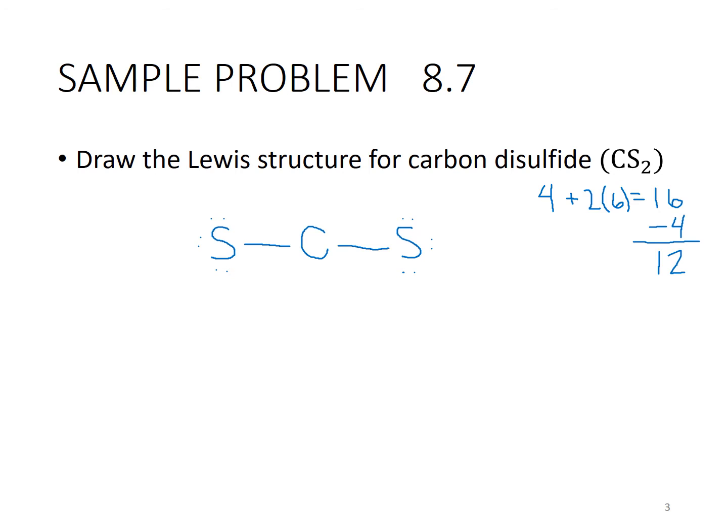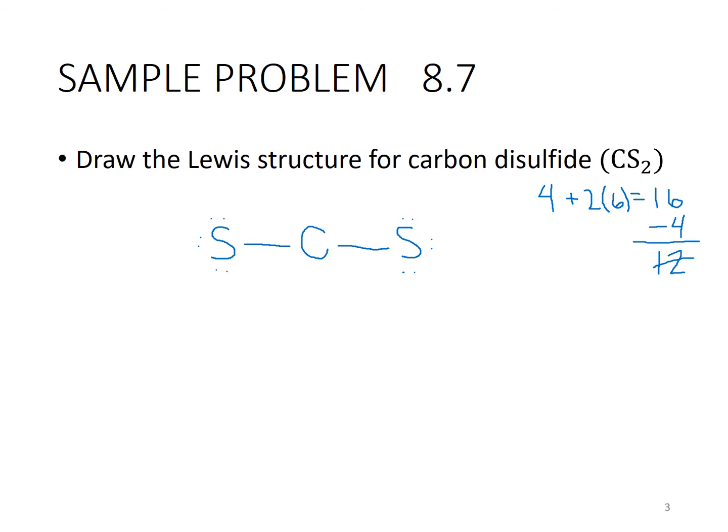Here I've used all 12, right? I use 6 on this sulfur, 6 on the other sulfur. So that ends up being all of the electrons. If I had any electrons left over at this point, I would start adding lone pairs to that central carbon. Not double bonds yet or anything like that.